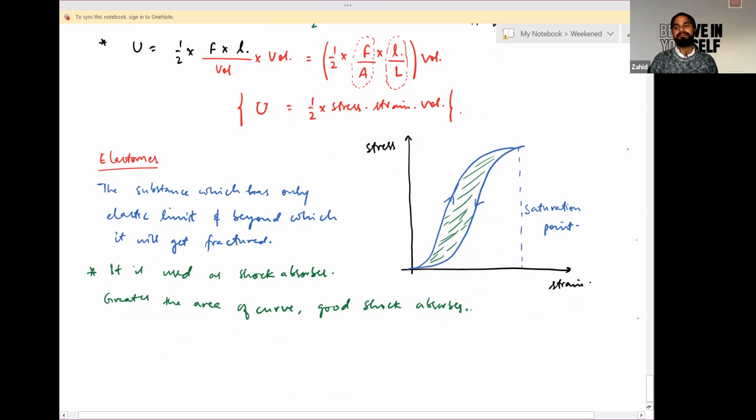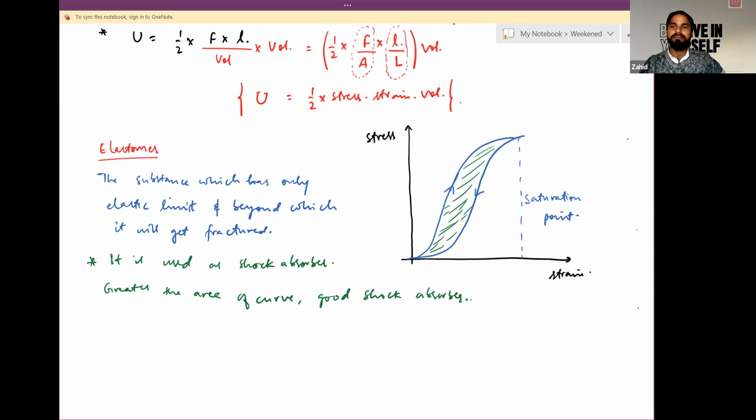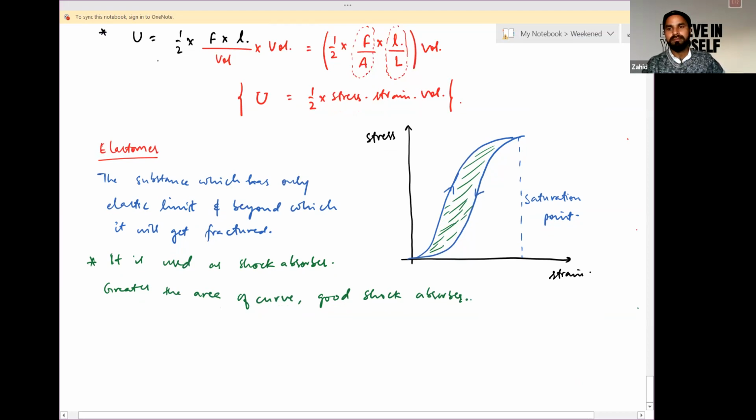Wahid, any doubt? Shock absorber, to absorb shock, not observer.